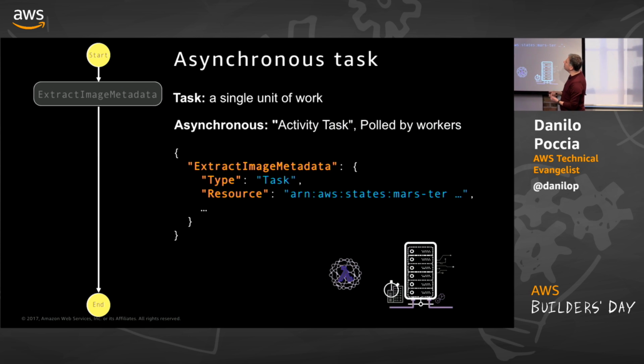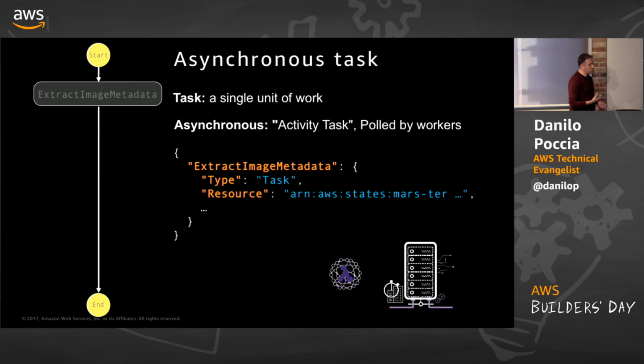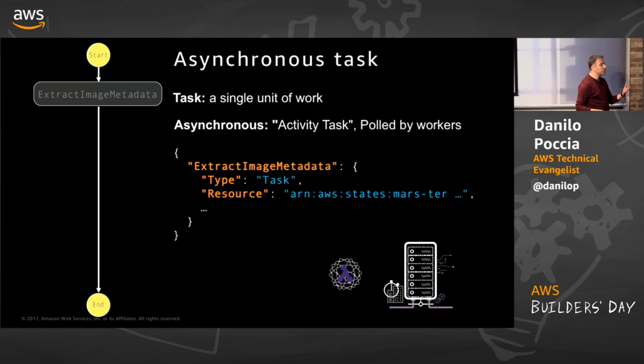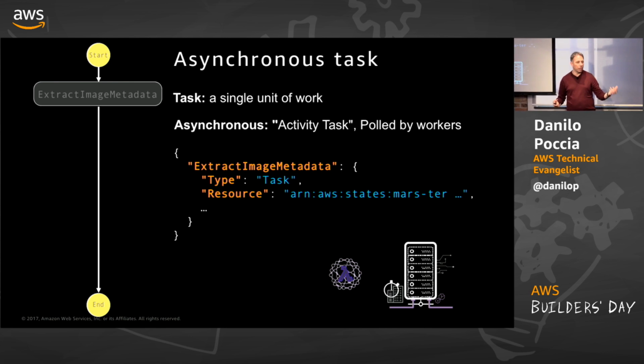You can also have asynchronous tasks, and that's what we call activities. Activities work in a slightly different way. They are used as a bridge with traditional IT or for human validation. Normally, you create an activity, and when this activity receives something to do, there is a sort of queue where all these things to do go, and then there should be a group of pollers, which can be EC2 instances, containers, or servers on-premise in another architecture, that poll for something to do.